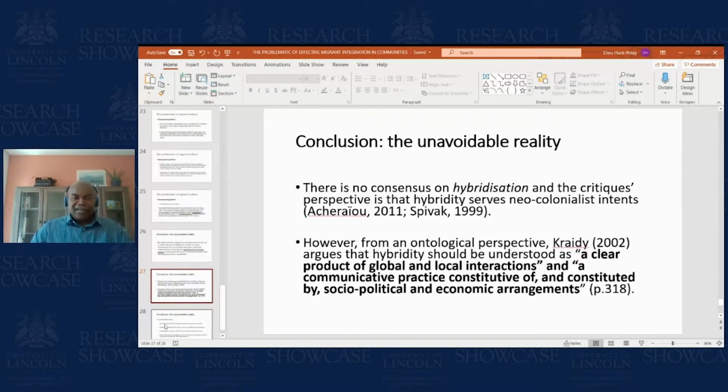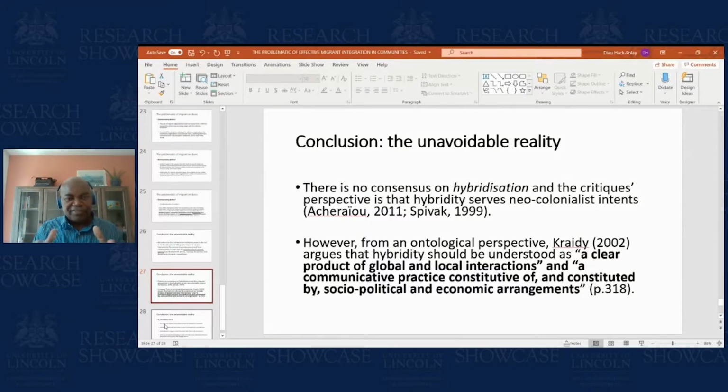So finally, the concept of hybridity has been quite debated, but one way of seeing it, according to Chirau and Spivak, is really to bring people as close together as possible in order to create this sense of cohesion.